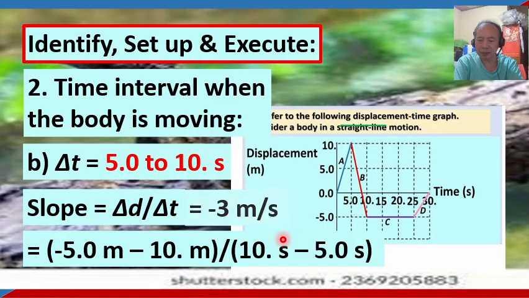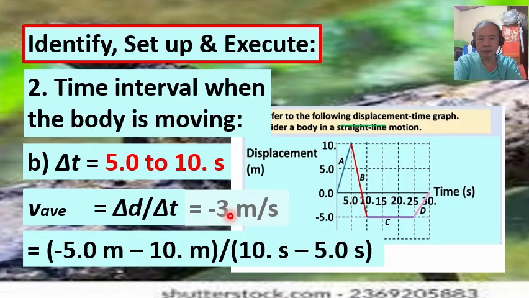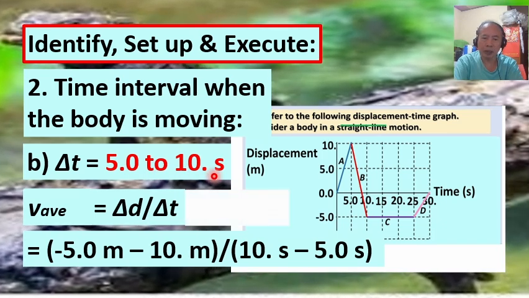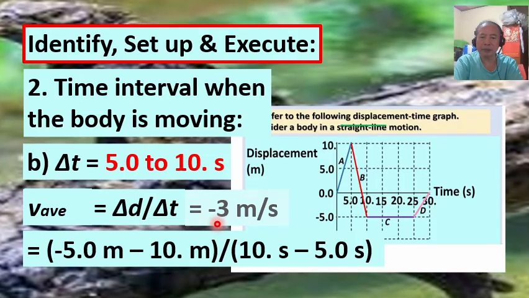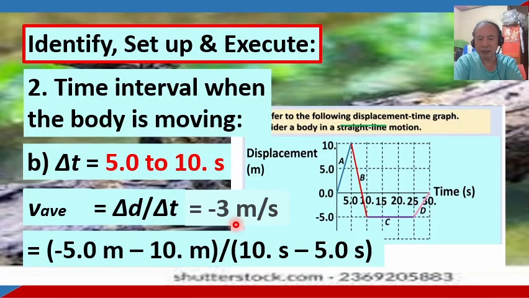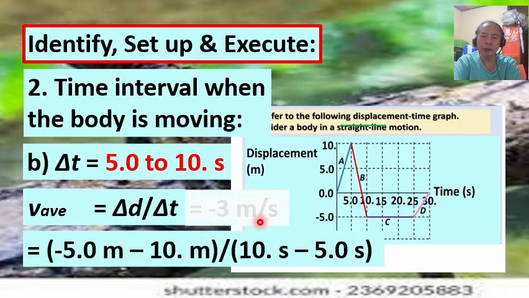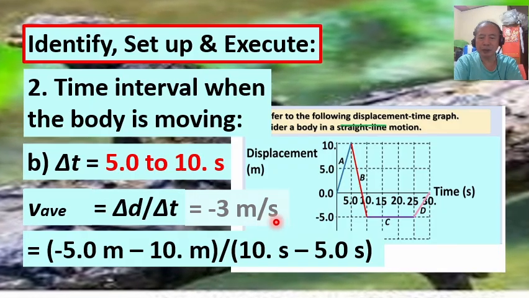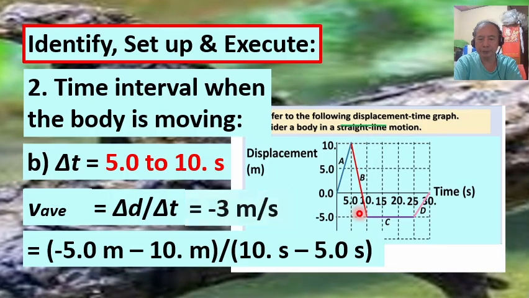So this means that the body's average velocity within this time interval, 5.0 to 10 seconds, is negative 3 meters per second, which also means that the body is now constantly moving at a speed of 3 meters per second, but this time it is heading westward.